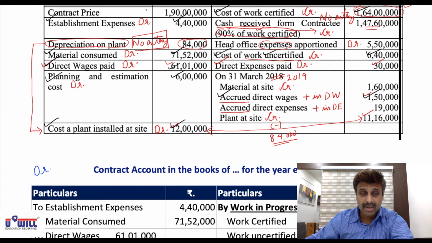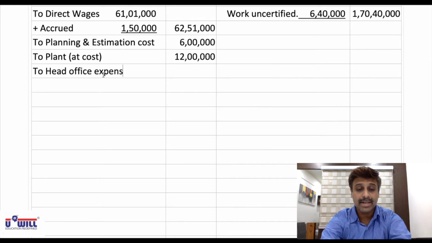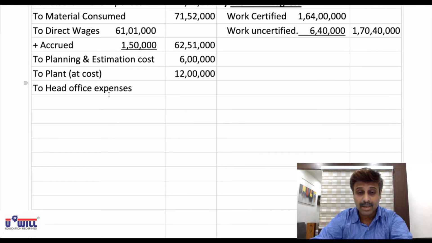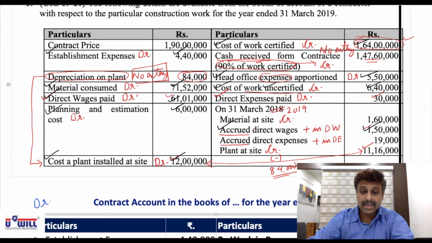Now in between we missed out this head office expenses apportioned, 5,50,000, which will come on the debit side. So 'To head office expenses apportioned', 5,50,000. Then cost of work uncertified we have recorded.